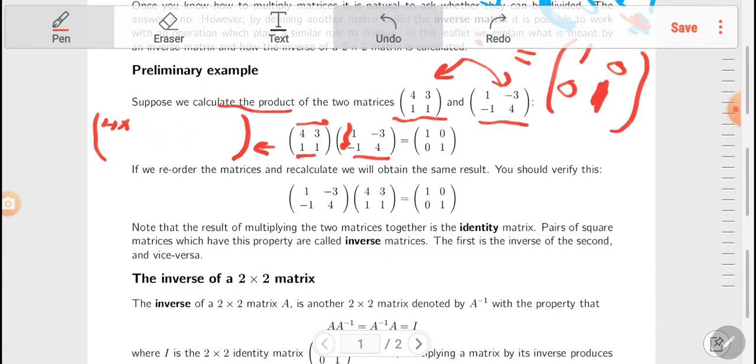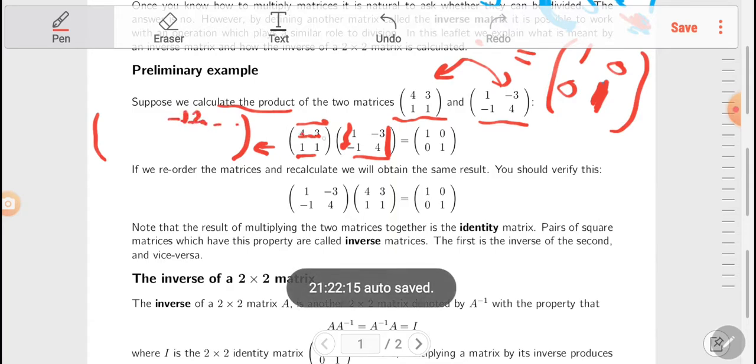The second member here is first row, second column: 4 by negative 3, negative 12, plus 3 by 4, positive 12, which is equal to 0.